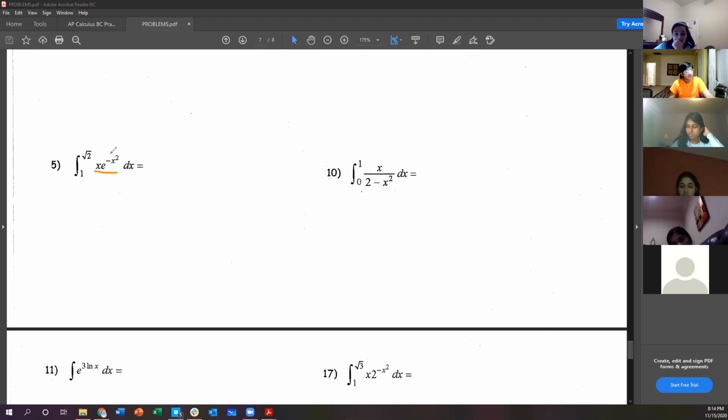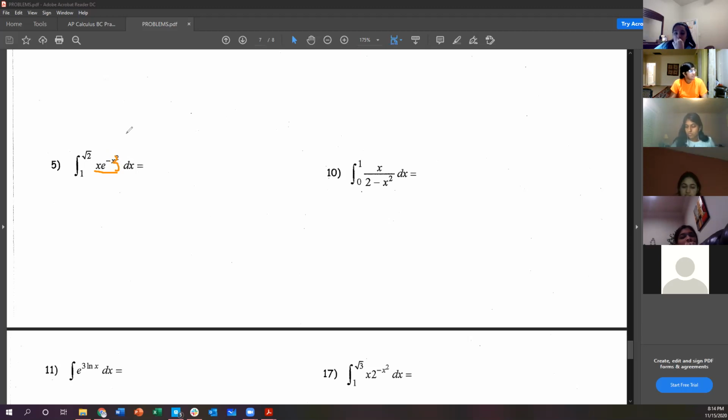Exactly. So you need to make the recognition that if I take the derivative of this, I'll get x. Don't worry about constants. 2x, I can just pull that out. The derivative of x squared is x, and I have an x here, so I can make a u substitution. Now, if this was something like x cubed, then you might be in a little bit more trouble.